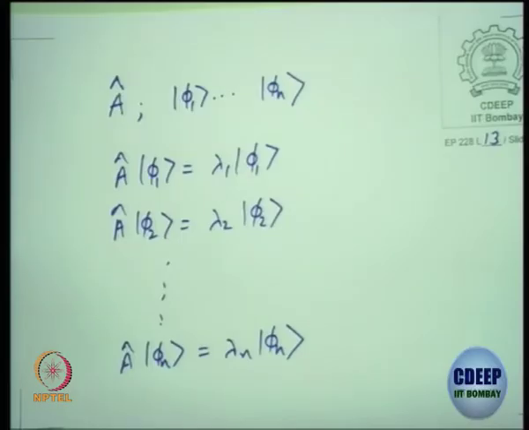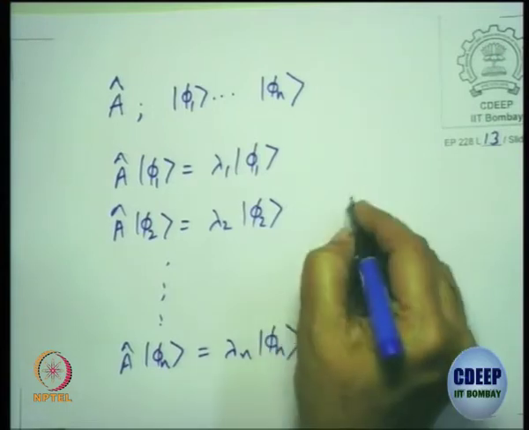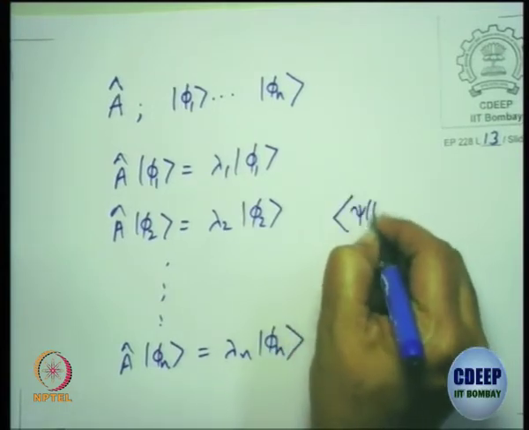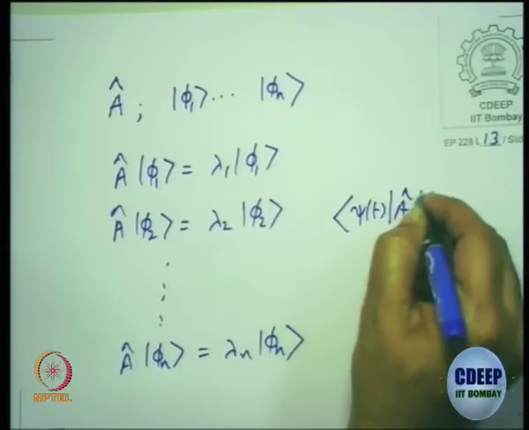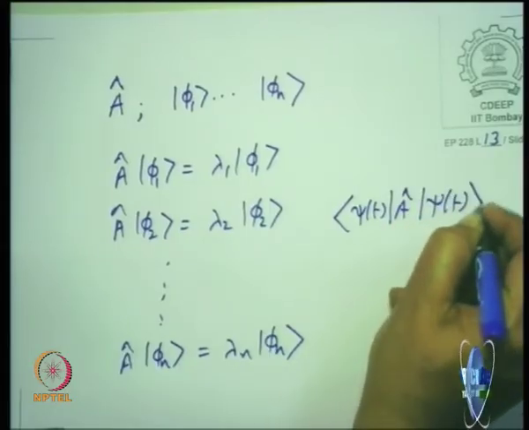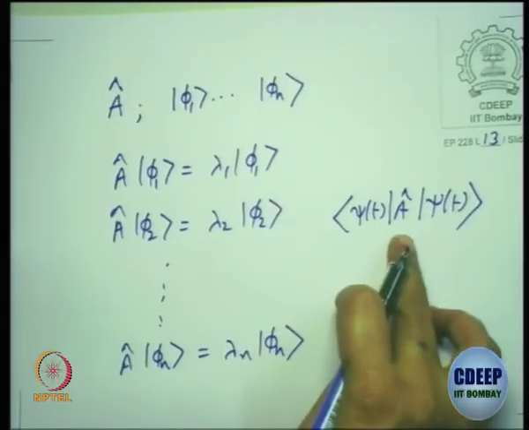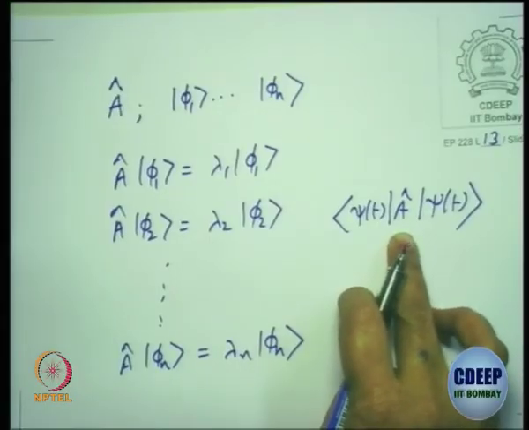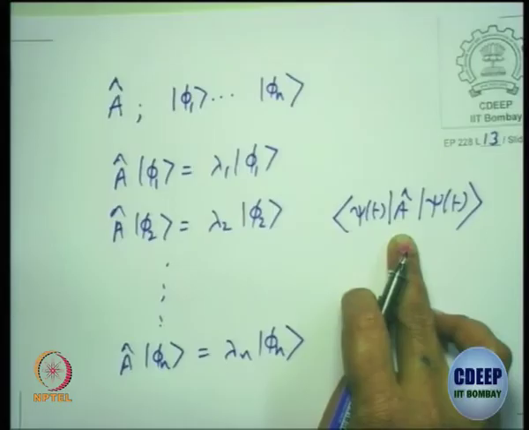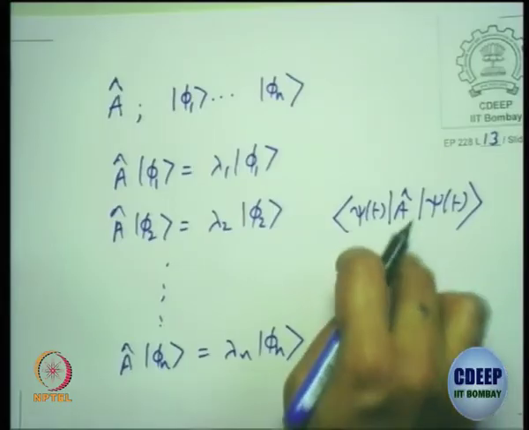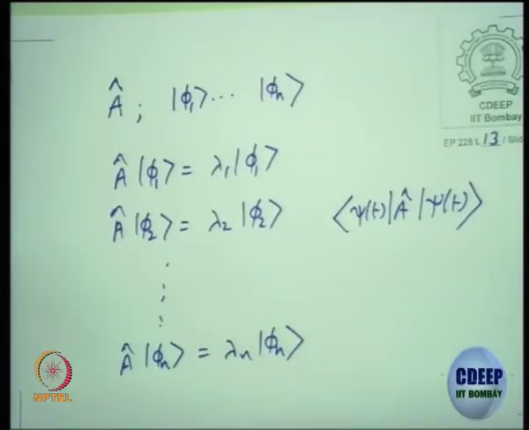Typically, when I ask you to find the expectation value of A operator in a state at time t, some arbitrary state psi of t, ideally you should insert the complete set of bases, identity operator, which is an eigenbasis of the A operator, so that you can proceed. This is what we did earlier.